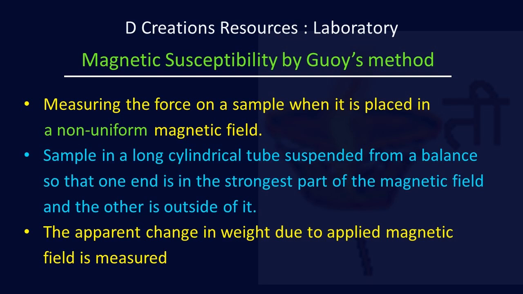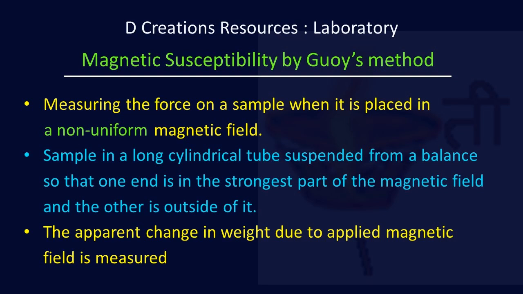This field is strongest in the gap between the pole pieces, and it is going to drop off rapidly with distance. Then you also need an analytical balance, a very sensitive balance which is capable of measuring changes in weight, and the changes in weight can be of the order of milligrams or even micrograms.